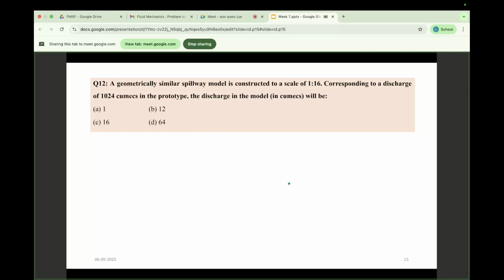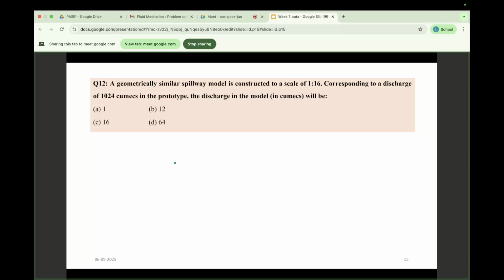So basically, first you need to check which number to be used. In this question, geometrically similar spillway. As I have said, the spillway concept is based on this Froude number. Also the length scale is given, and no other details are given. Only the discharge is given in the prototype. So let me write down what is given in the question.